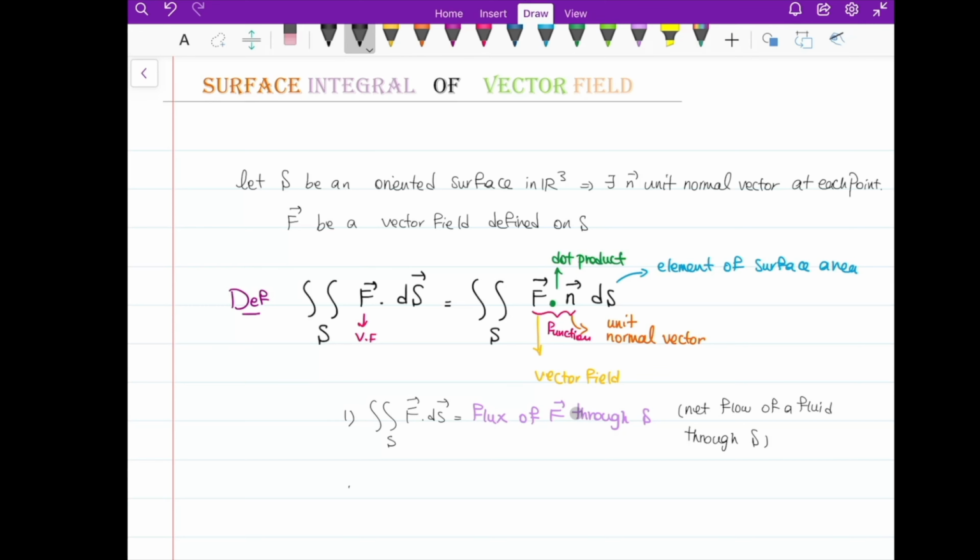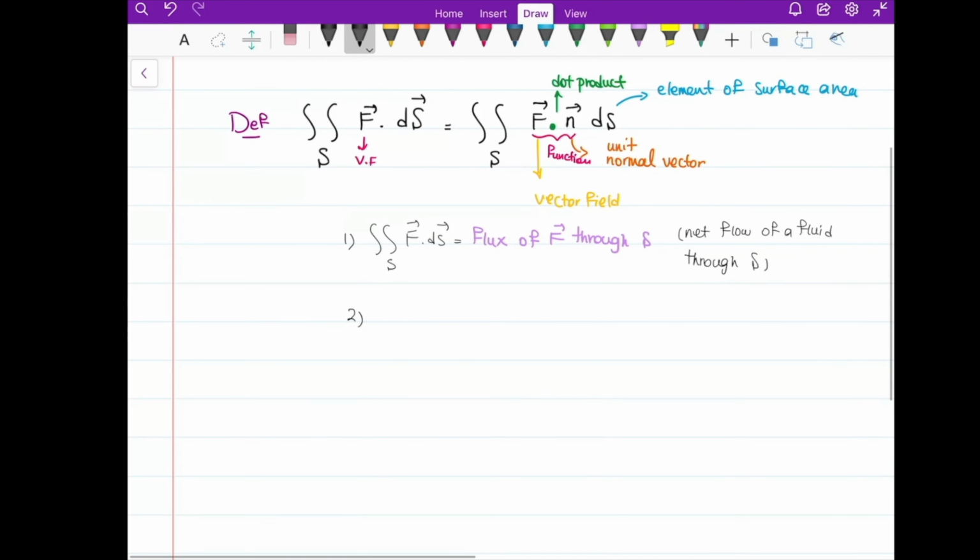Okay. The second note is that this double integral of F ds over the surface S depends on orientation of S. Okay, so if we change the normal vector to the negative n, then the integral would get a negative sign.